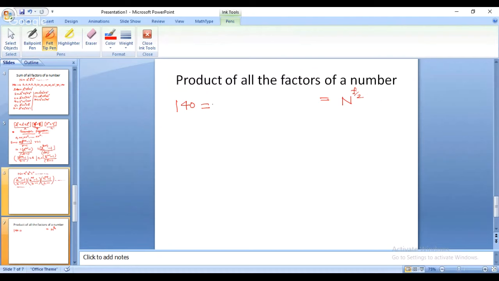How do we get that? Let's write it in the form of product of factors. 2 into 70, 4 into 35, 7 into 20.